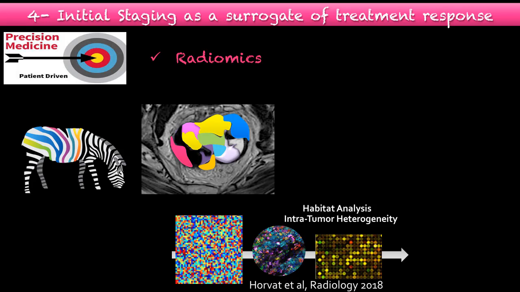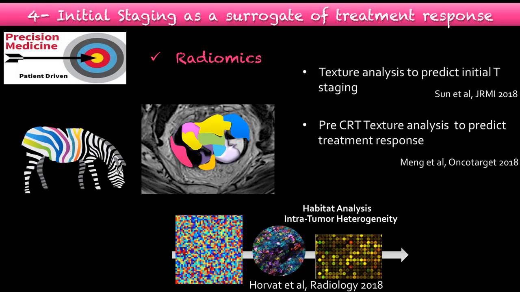It has been shown that after treatment, you can better predict complete response with the T2 matrix compared to the subjective analysis. Few preliminary studies have evaluated radiomics at baseline, and the results are pretty encouraging. Texture analysis may predict the initial T staging and may predict treatment response as well. Further studies will be needed.